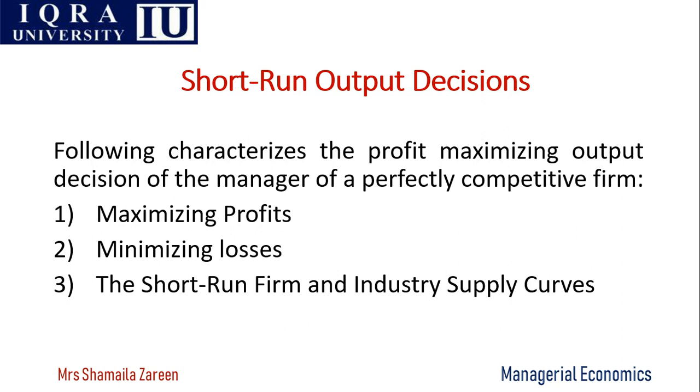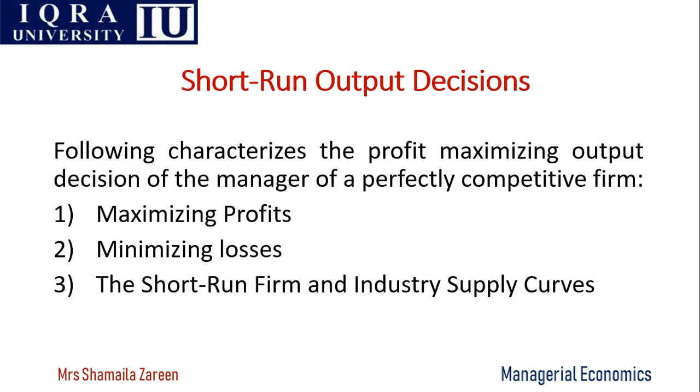To maximize profit in the short run, the manager must take as given the fixed inputs and determine how much output to produce given the variable inputs that are within his or her control.